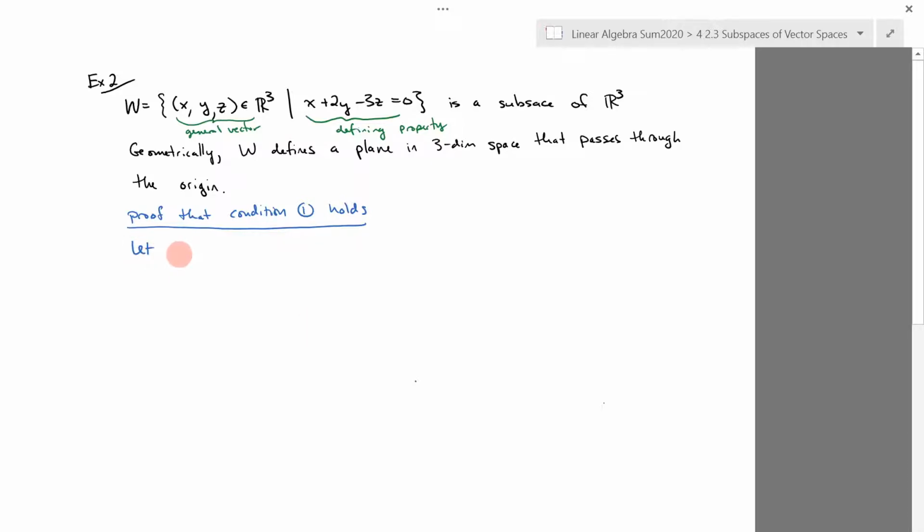Let's call them u, with coordinates x1, y1, and z1, and v, with coordinates x2, y2, and z2. So we take two vectors in W.